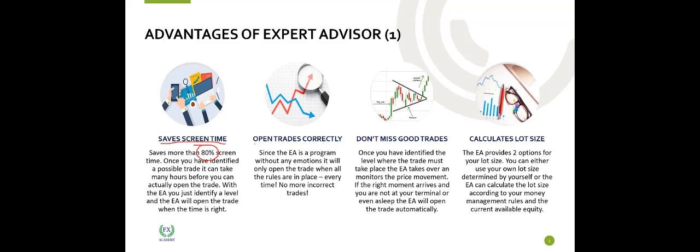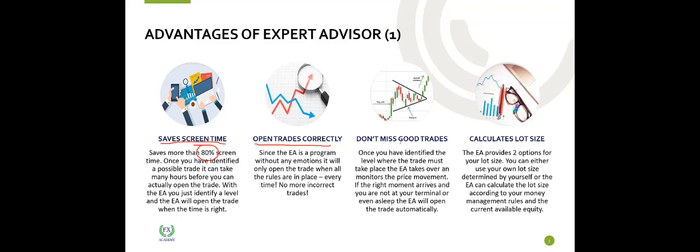So it does not make any mistakes, because it's not emotional, and it will follow the rules of your system, and it's built into the expert advisor that, for instance, it will avoid opening a trade when there is a false break.